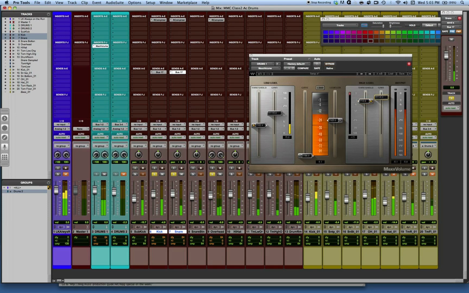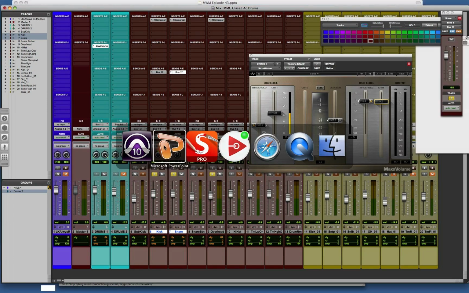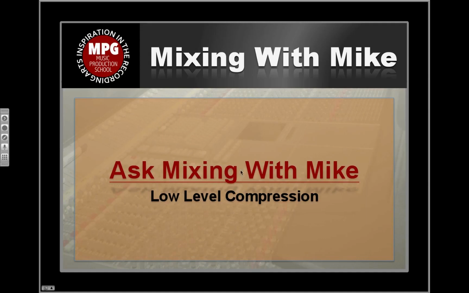If I just brought this down a few dB to make up for what was lost, you still hear the presence and openness of the energy. It's really cool, and this is a really good plugin for this. So anyway, that's our quick answer for what is low-level compression in the Ask Mixing with Mike section.